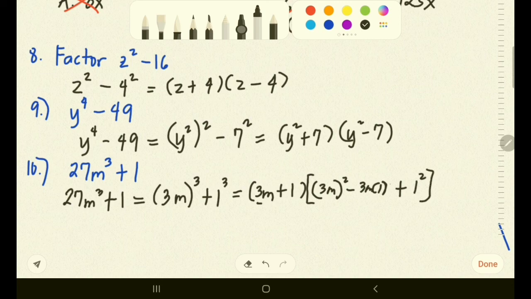Okay, simplify. So you have 3m plus 1 times the square of 3m, that is 9m squared, and then minus the product of 3m times 1, that is 3m. Then the square of 1, so 1 squared. Okay, that's it.